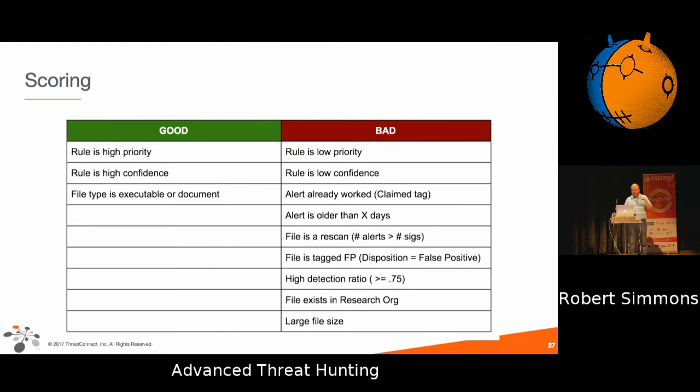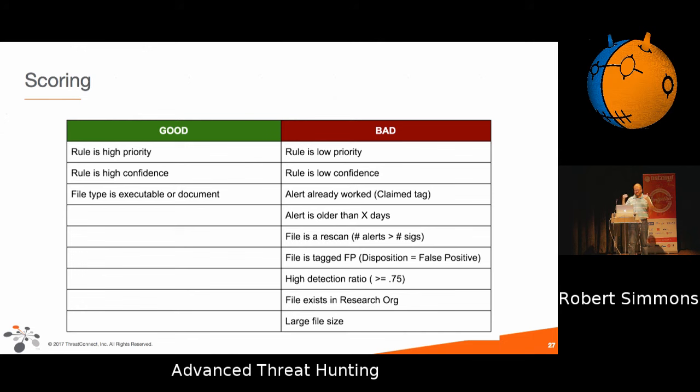So one of the things that we do after we've got the rules prioritized is, in addition to the high priority and high confidence and on down, there's scoring. We have our own scoring and weights for these different good and bad things. But what I would encourage you to do, and what we think of as good and bad might not match up with the right thing for your organization, is make a list of the things that you would want to add points to your finding or subtract points from your finding, and then assign weights to each one of these.